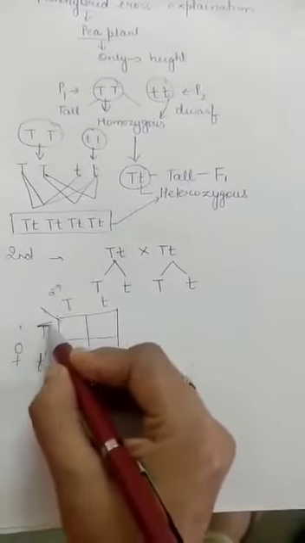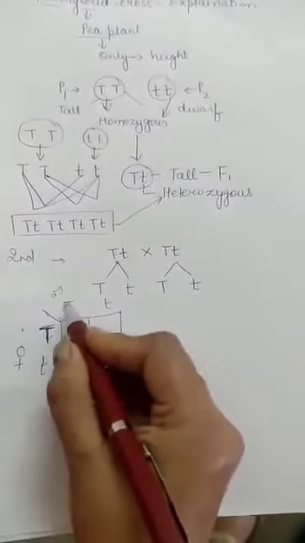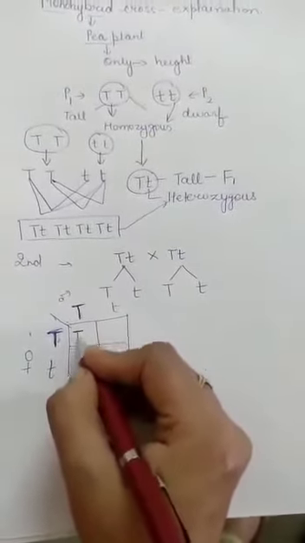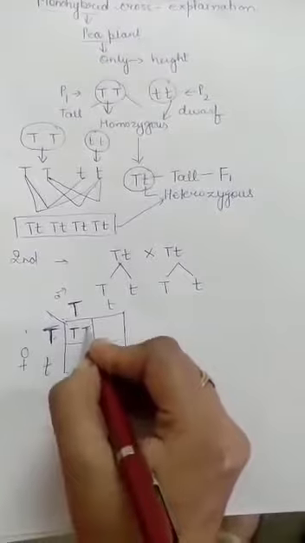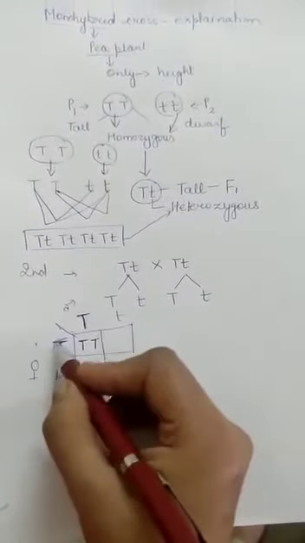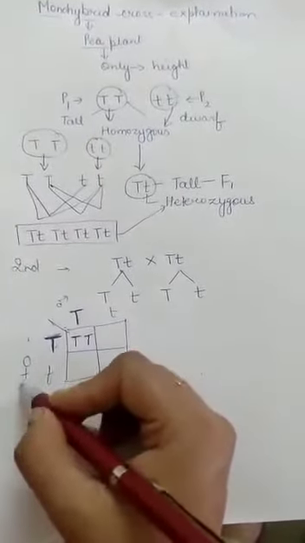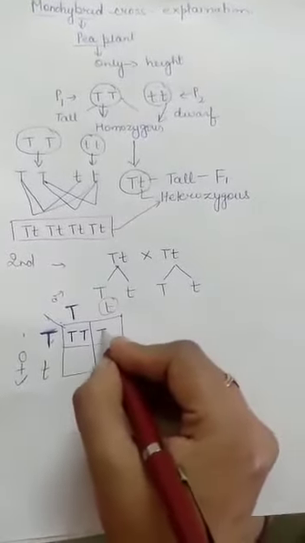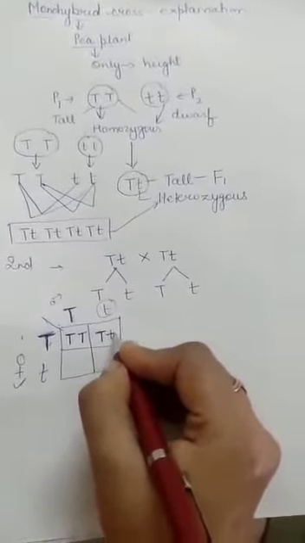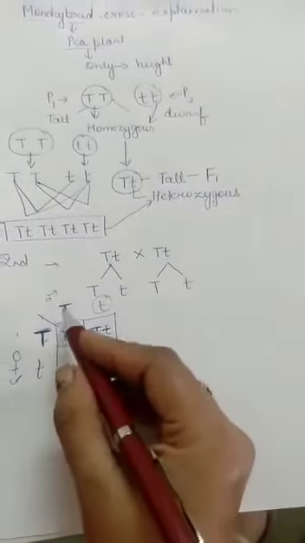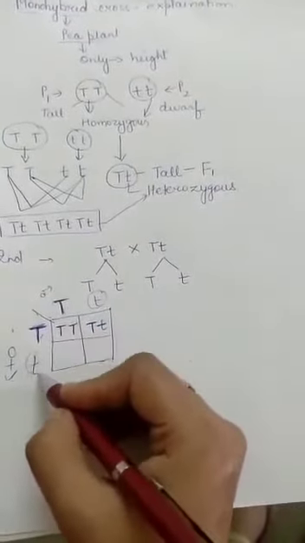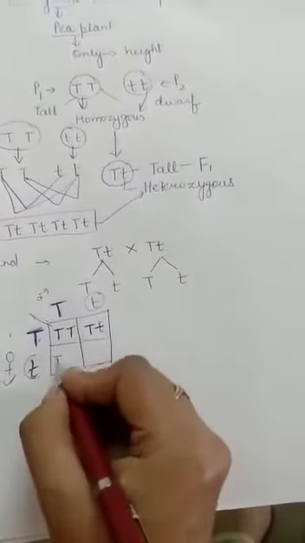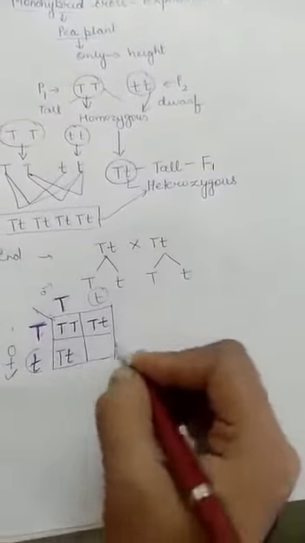When this T, that is the female gamete, is crossed with this male gamete T, what will be the product? Capital T, capital T. Okay. When this capital T, which is a female gamete, is crossed with small t, what will be produced? Heterozygous tall plant. Similarly, when this t is crossed with the other T gamete, again we will get heterozygous tall.